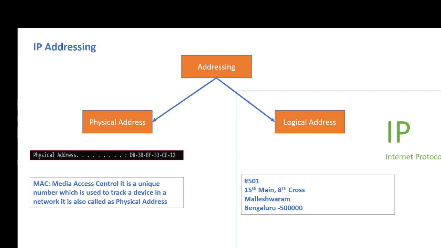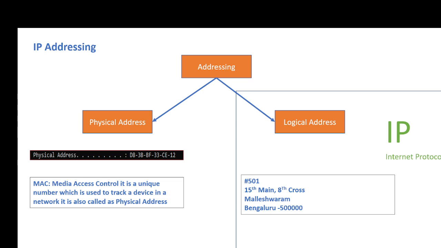What do you mean by physical address? Any idea? A physical address is nothing but the address given to the computer hardware, and that address is globally unique. In the entire world, you will not have any other device with the same address.